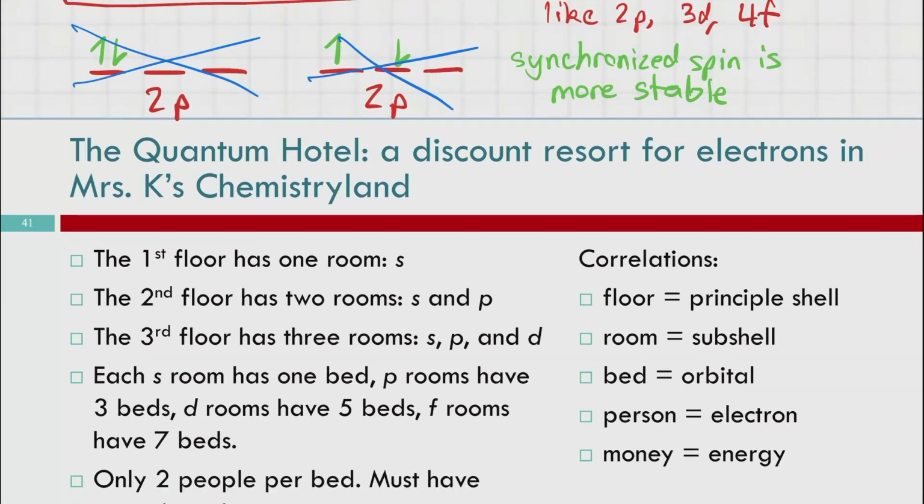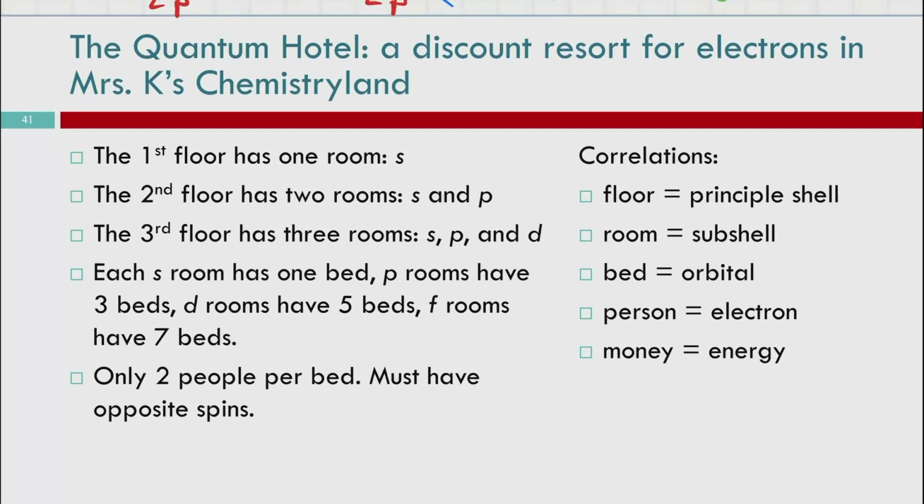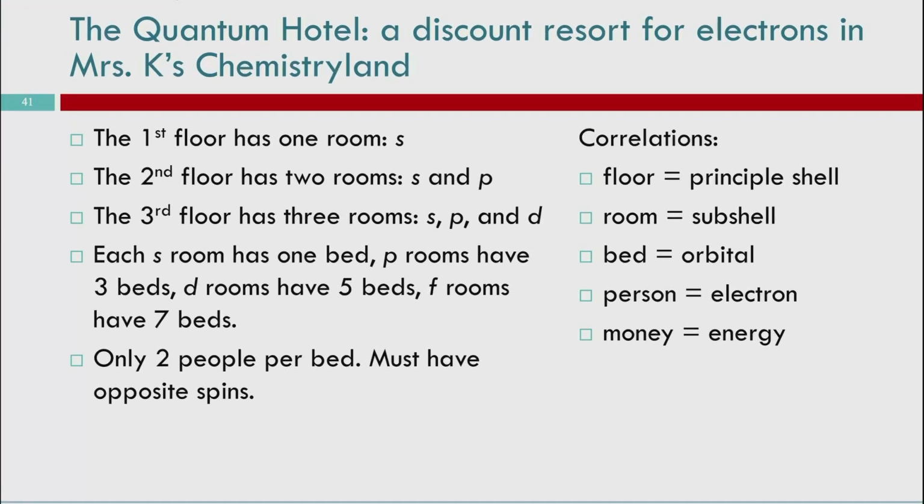All right, we are going to learn about another way that might be helpful for you for thinking about all of these things. So we can think of our energy levels as rooms in a hotel. So this is electrons in Mrs. K's chemistry land at the Quantum Hotel. Mrs. K not being my wife, but my mother. So Mrs. K's chemistry land, she runs chemistry land.